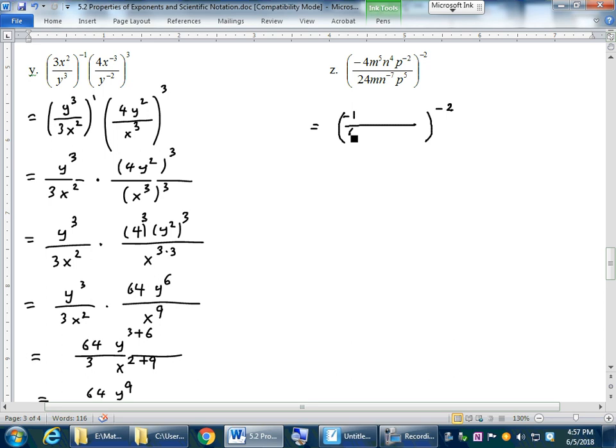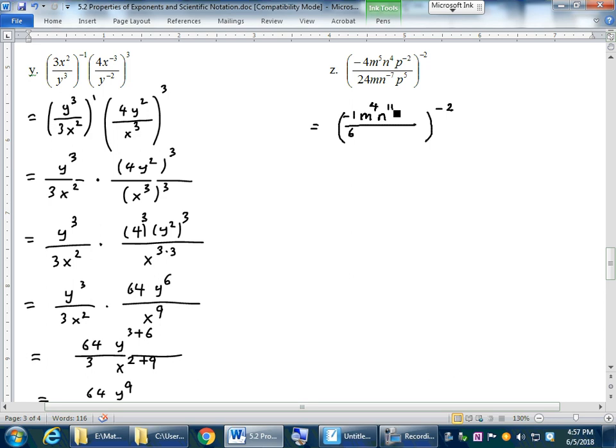Simplifying the m's using property number 2, that will become m to the 4th power. Simplifying the n's using property number 2, so it will be numerator exponent minus denominator exponent, which will be n to the 4 minus negative 7, which is 11.